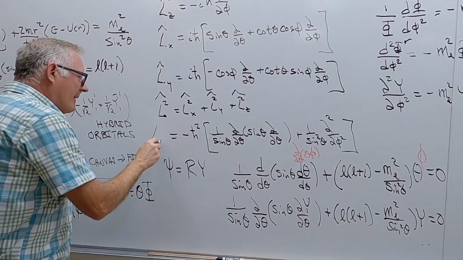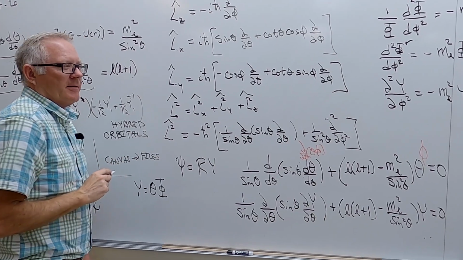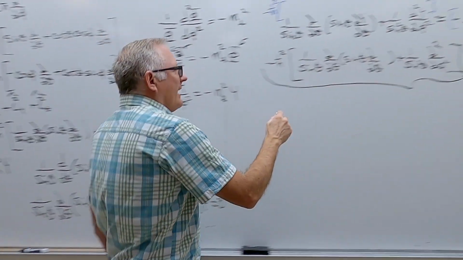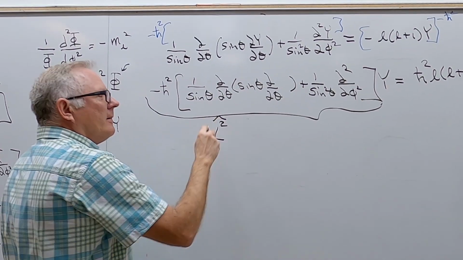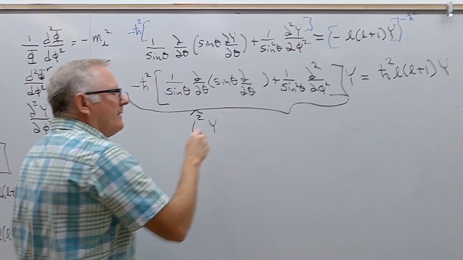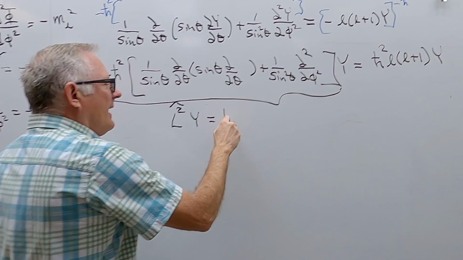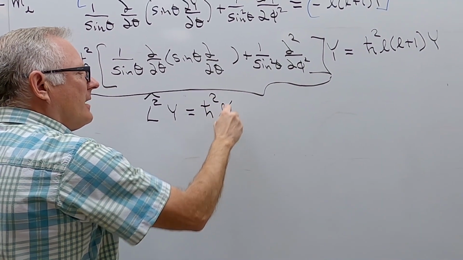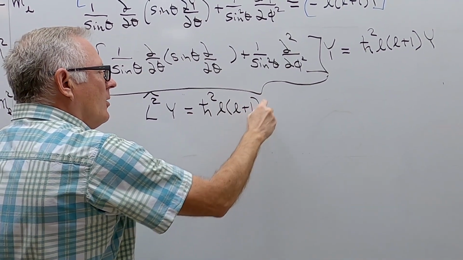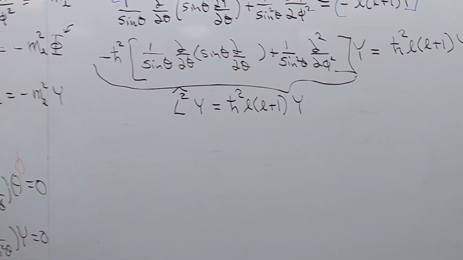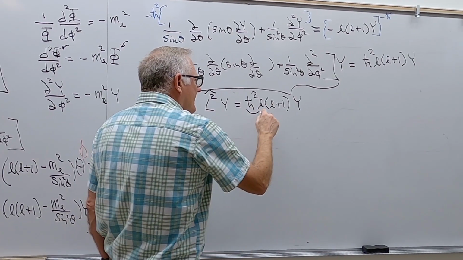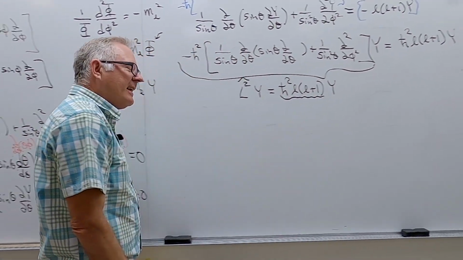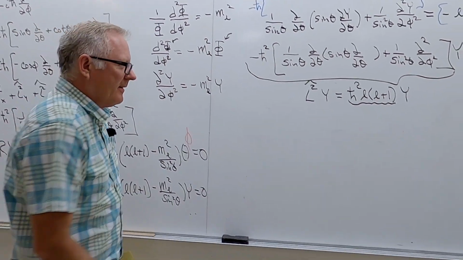This is my L squared operator. So it looks like L squared operator acting on Y is equal to h bar squared L times L plus 1 Y. This is my eigenvalue, eigenfunction equation. That means that this must be the angular momentum squared.